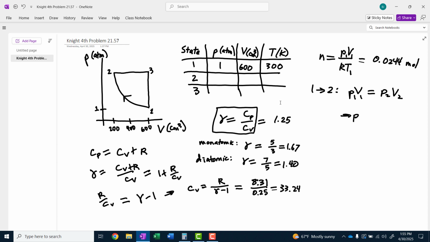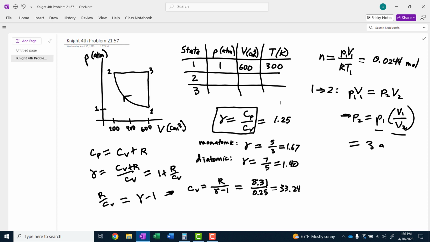Because we know the volumes. Those are in the graph of the PV cycle. So P2 is P1 times the ratio of the volumes. Well, the graph tells us that the initial volume, V1, is 600, and then we compress down to 200. So the ratio is 6 over 2 or 3 over 1, so it's really 1 atmosphere times the ratio 3.